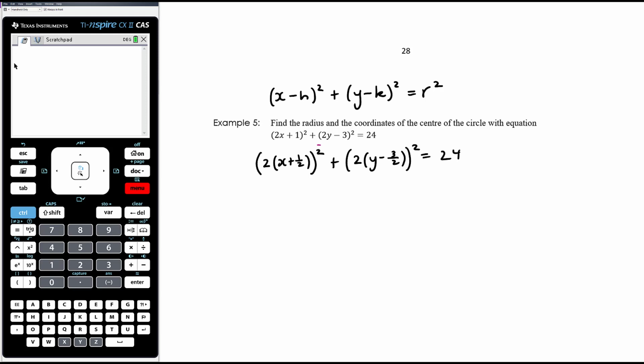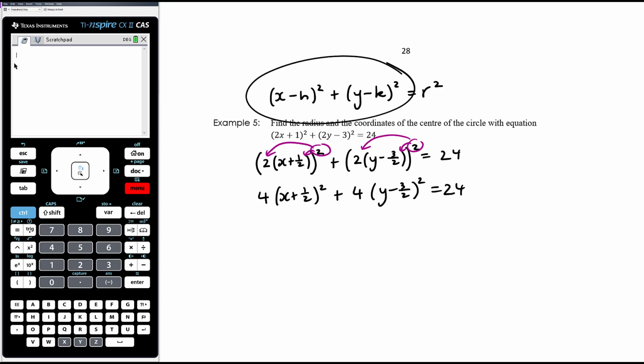Now if I expand out these squared, it's going to be 2 squared and the bracket squared, 2 squared and the bracket squared. So we're going to get 4 times (x plus 1/2) all squared plus 4 times (y minus 3 on 2) all squared equals 24. And then I'm going to divide everything by 4 so that my left-hand side is just this.